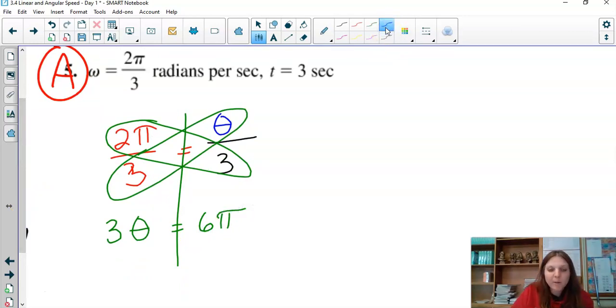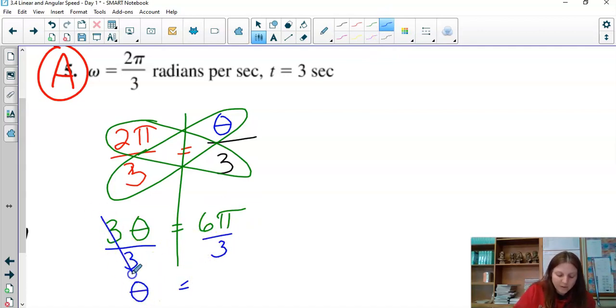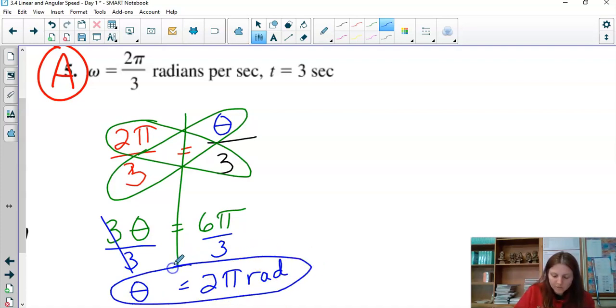I want to get the theta by itself, so I'm going to divide by 3. The 3's divide out. 6 pi divided by 3, 6 divided by 3 is 2 pi, so I can just write 2 pi radians. Theta is an angle, so I can say 2 pi radians.